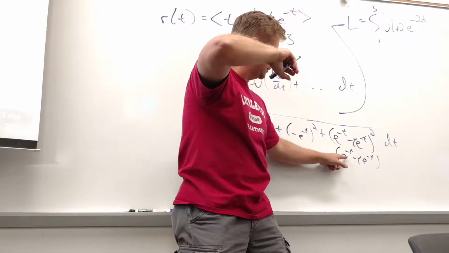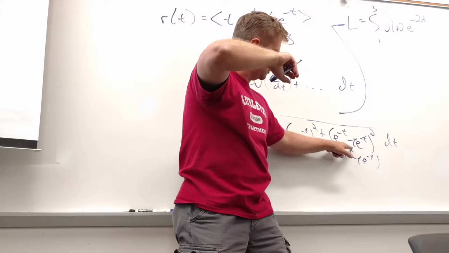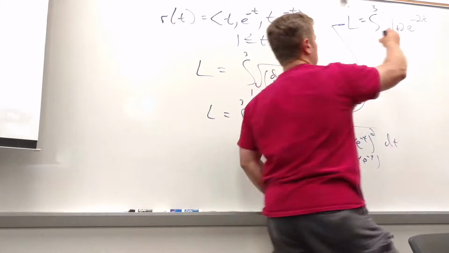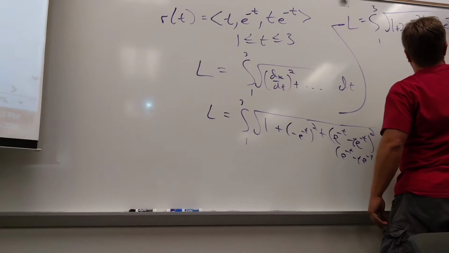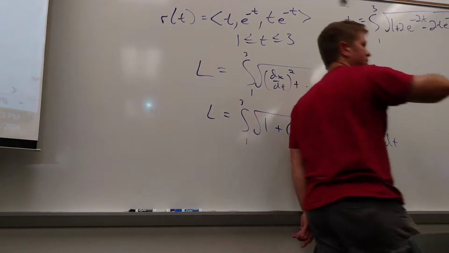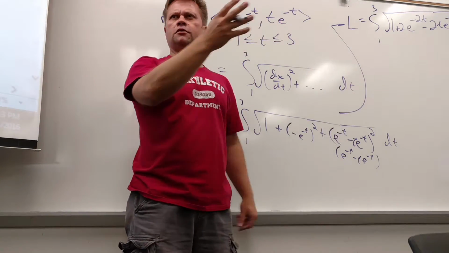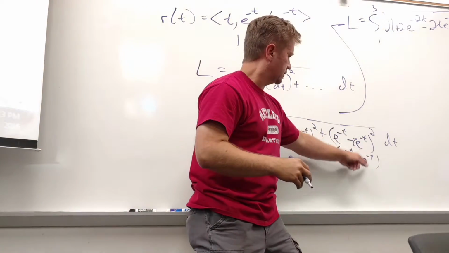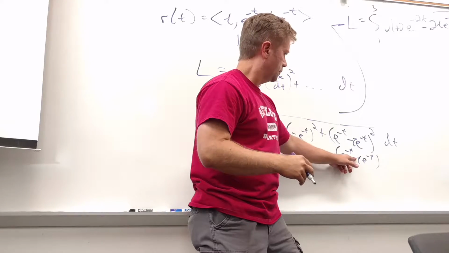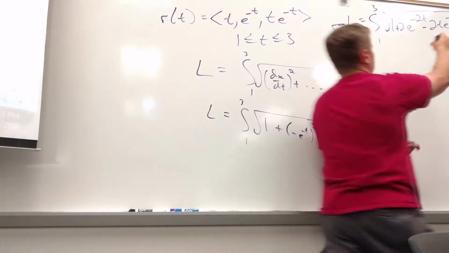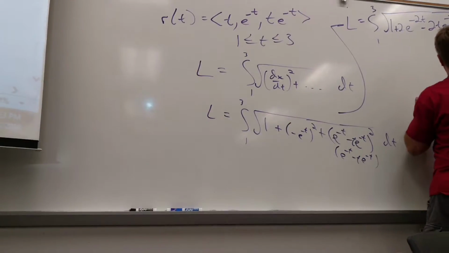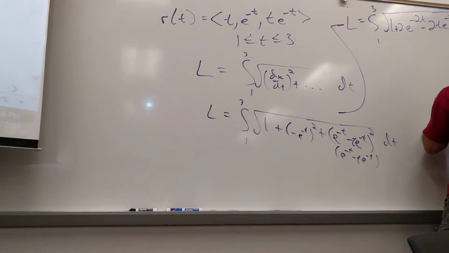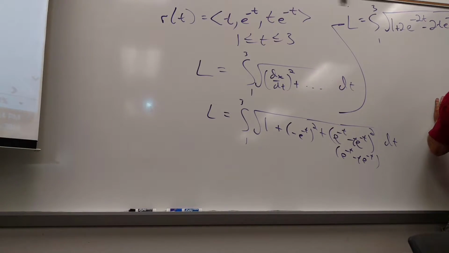Yeah, I get minus 2 of them, right? So minus 2t e to the negative 2t. And then finally the last one is going to be plus t squared e to the negative 2t. All right, let me stop there.